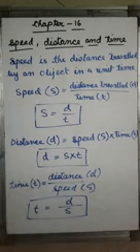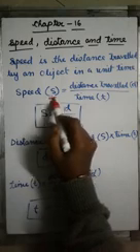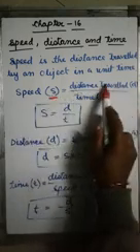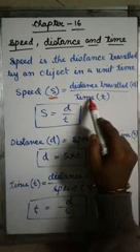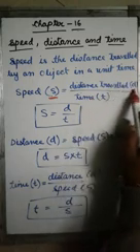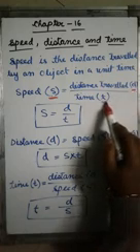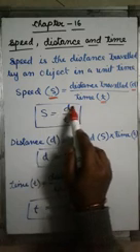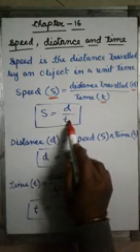So if speed is denoted by s, speed is equal to distance traveled in unit time. Distance traveled is d divided by t. Speed is equal to distance by time.